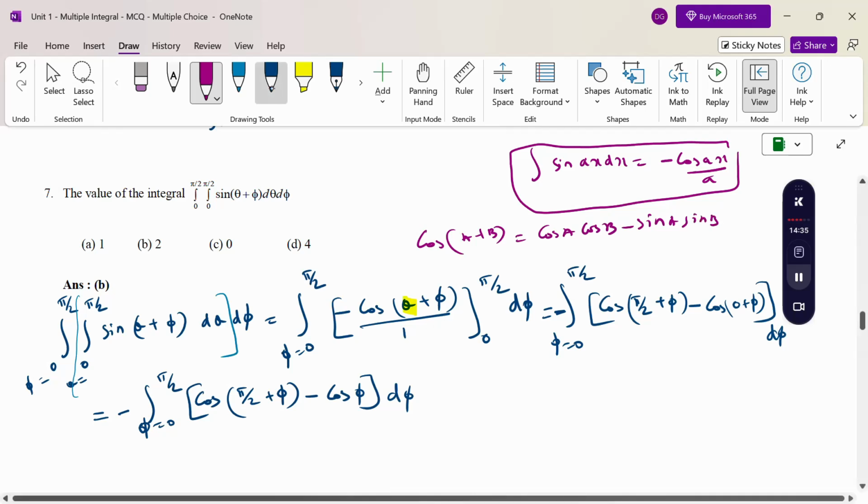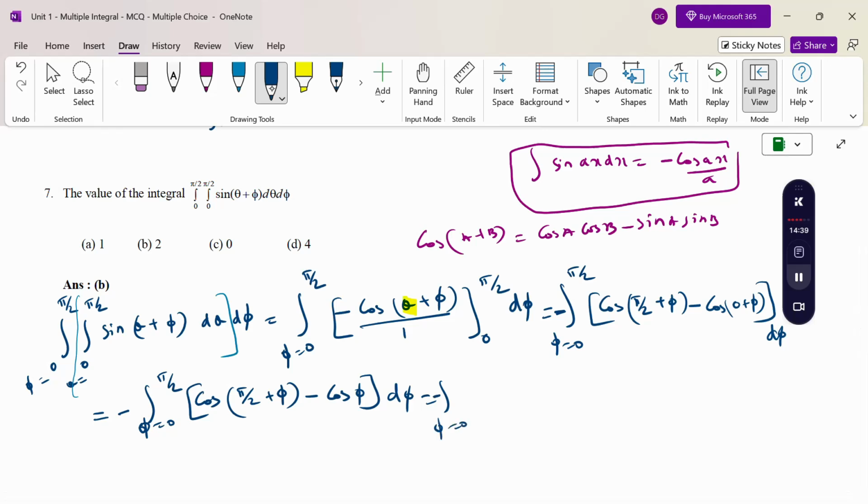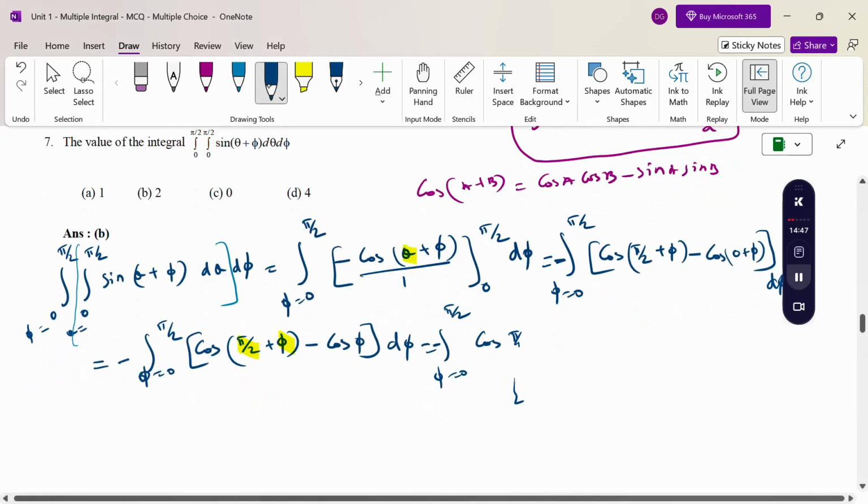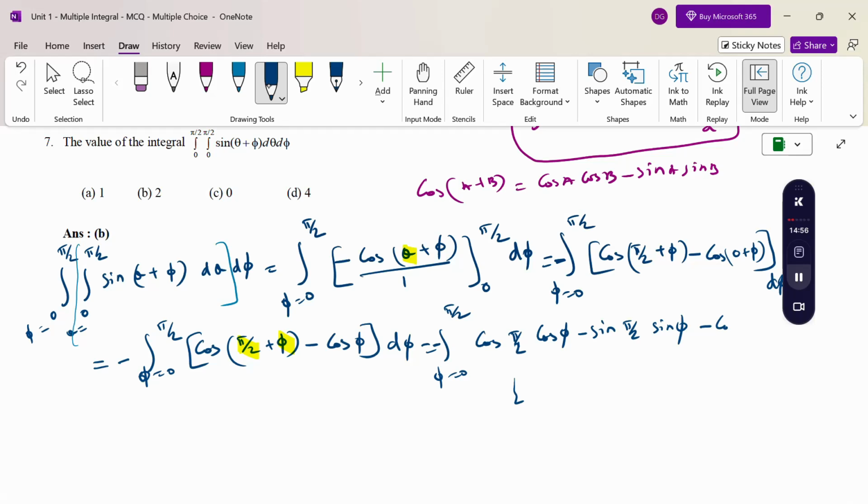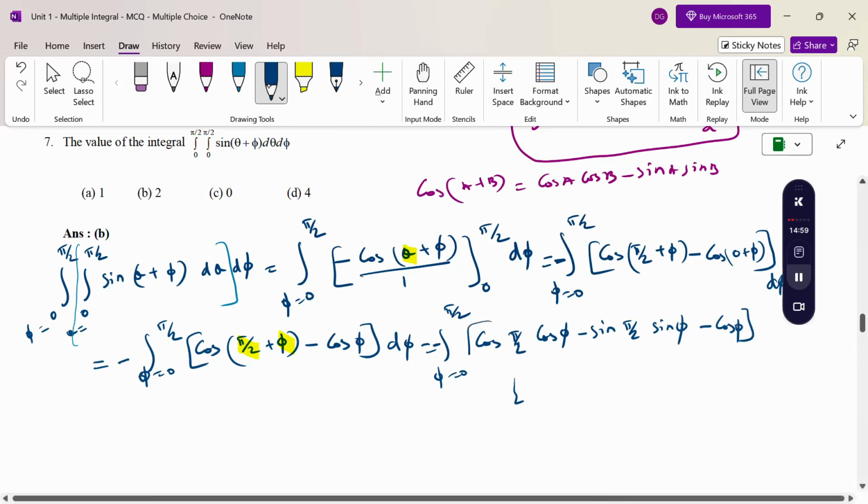Here, minus integral from 0 to pi by 2, consider this is a and this is b. Therefore cos a cos b minus sin a sin b, minus cos pi, d pi.